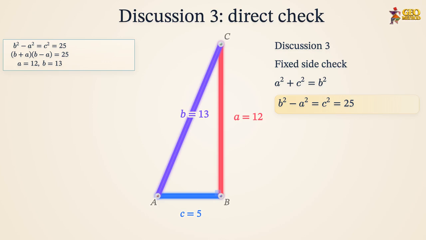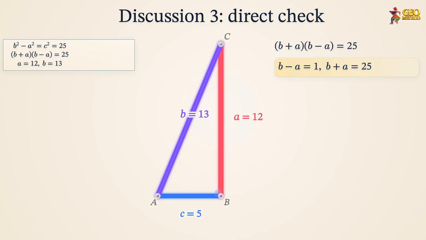Since c equals 5 and b is the hypotenuse, Pythagoras gives b squared minus a squared equals c squared, which is 25. Now factor that difference of squares. We have (b plus a) times (b minus a) equals 25. The positive side length factors must be 25 and 1, so there is no freedom left.